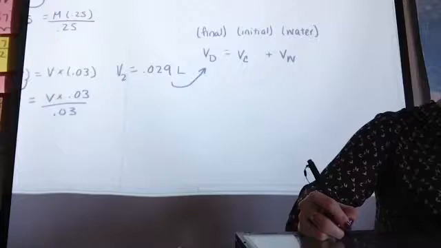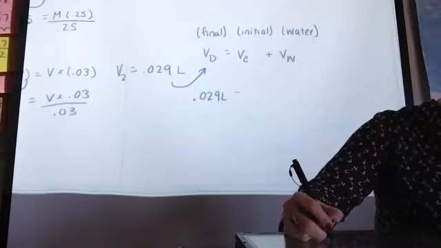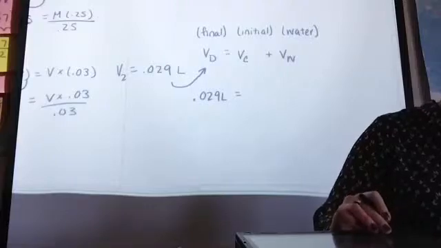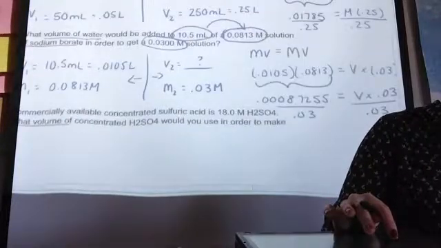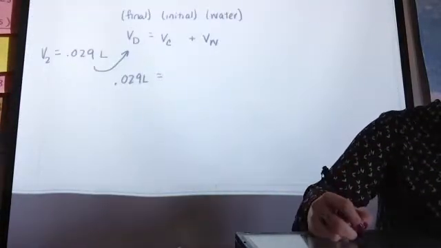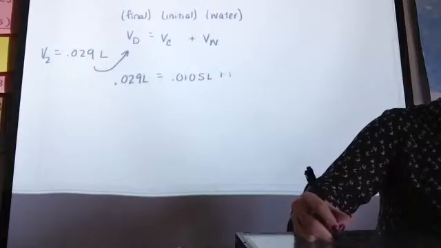This goes here, 0.029 liters is equal to, go back to your original problem, I started with 0.0105 plus a volume of water.